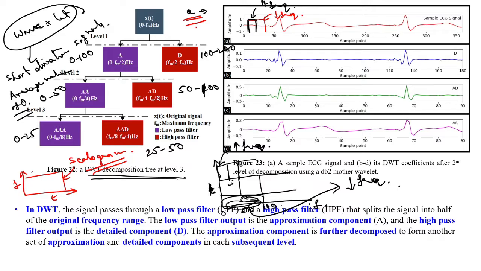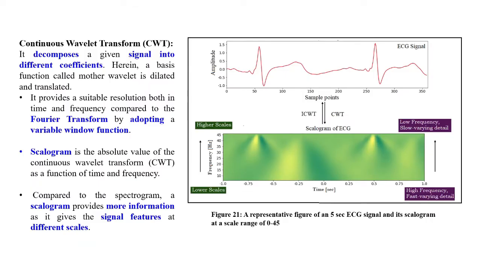Now in DWT you will find, since at every level we are doing this scaling by a factor of 2, so this will be more discretized in nature. In the continuous wavelet transform, we can use a wavelet which is having a width which is infinitesimally small. Okay, which is having frequency infinitesimally small.